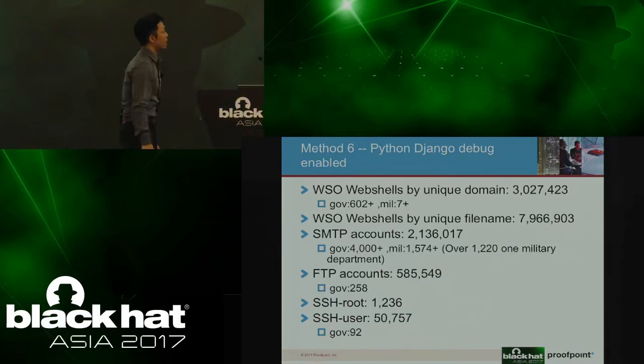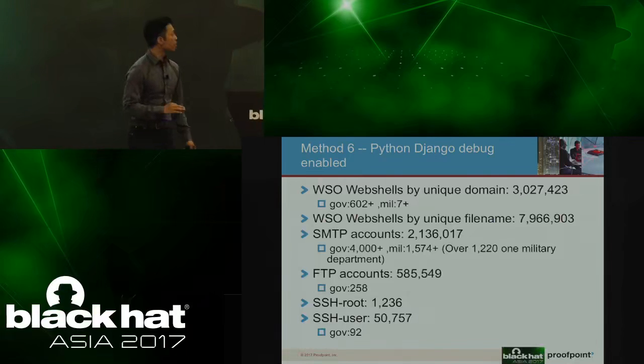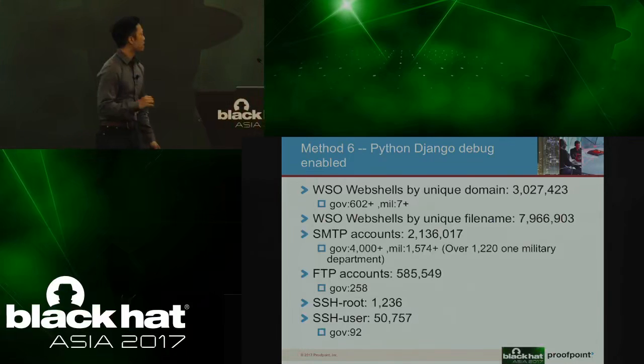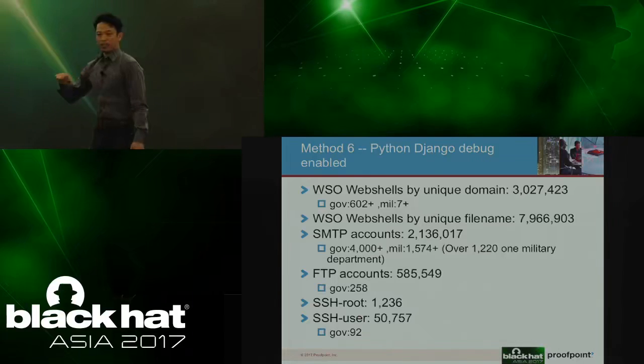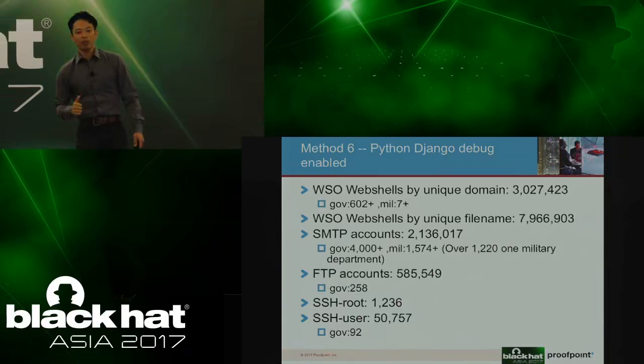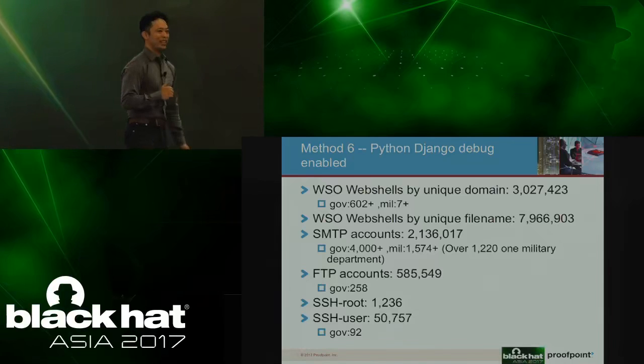We found that the number of WSOs they owned by unique domain name was more than 3 million. By unique file name, almost 8 million. SMTP accounts, almost 2 million, right? So they own a lot of assets. And by the way, a lot of people think this group is dead. They're not spreading malware anymore, but they're not dead. They've been doing porn fraud since the beginning of last year.